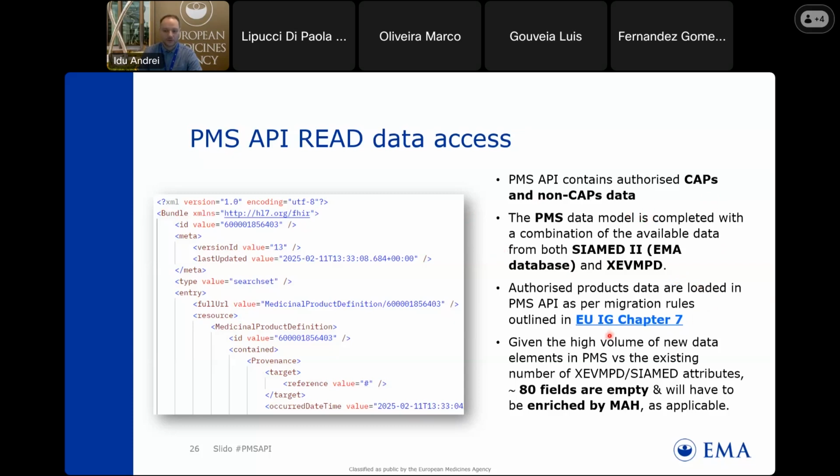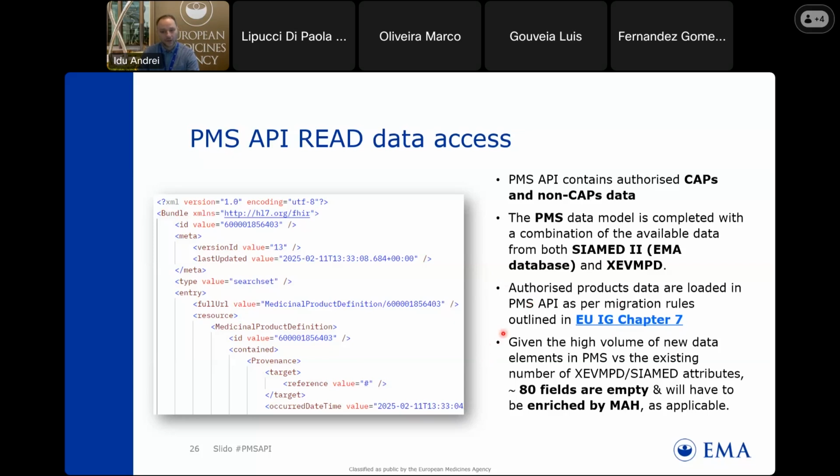We have published our migration or data integration rules in the implementation guide, chapter 7. Please refer to that to understand how we translated the data and where fields survive either from SIAMED or XCV-MPD if we have the same data in both systems.